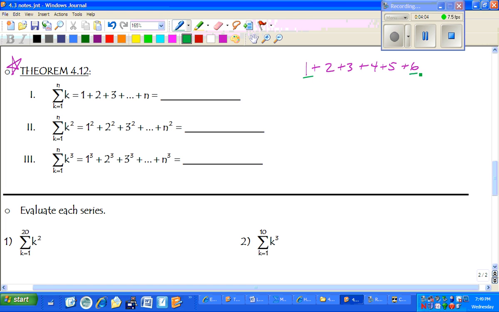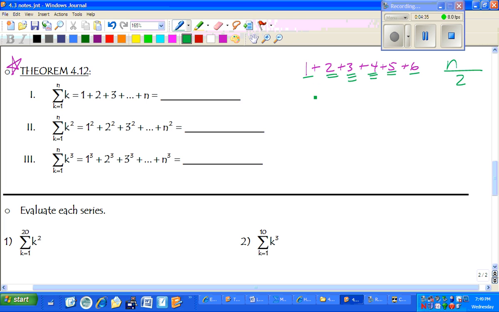If we add the first and the last term, that's going to give us 7. Add the second term and the second to last term gives us 7. The next ones also give us 7. So what we have to do, we have a total of 6 terms here. If we take the number of terms divided by 2, that gives us the 3 pairs that we just saw. 3 pairs of numbers that all add up to 7.